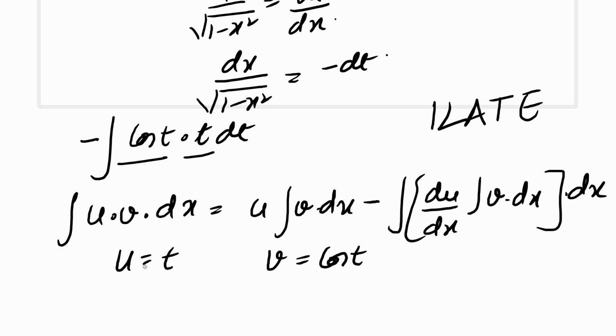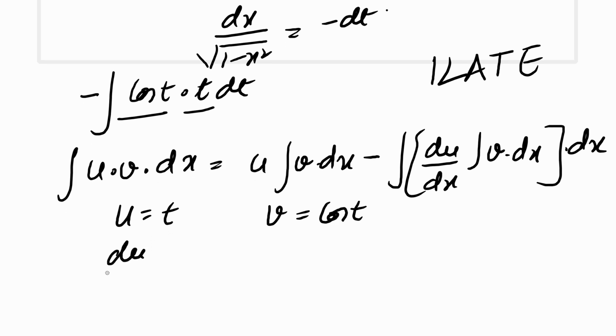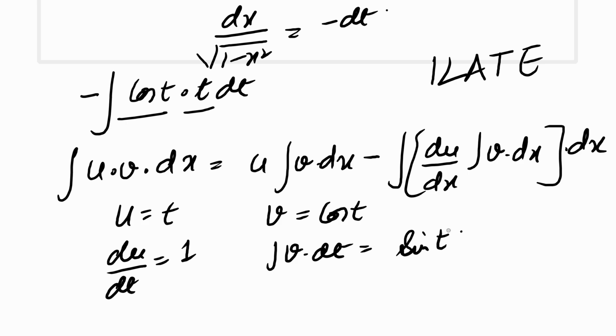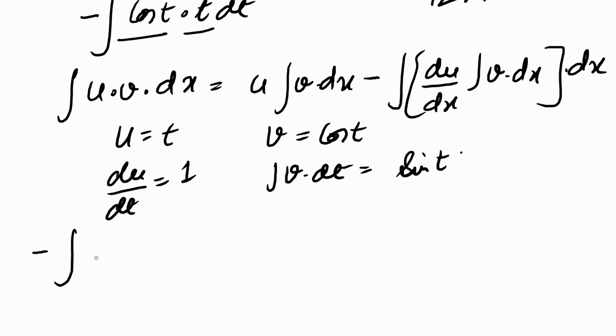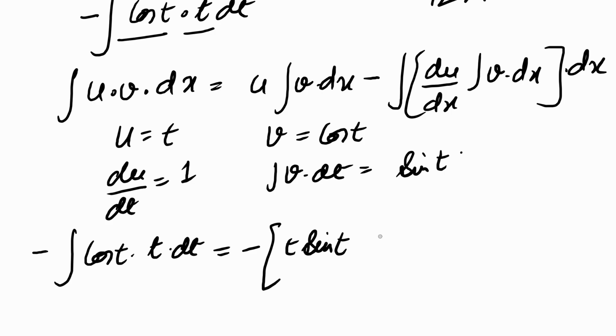So we'll do du by dt. Here we don't have x, so du by dt is equal to 1, and integration of v dt is sin t. So minus cos t dt will become minus of u is t sin t minus du by dt is 1 times sin t dt.